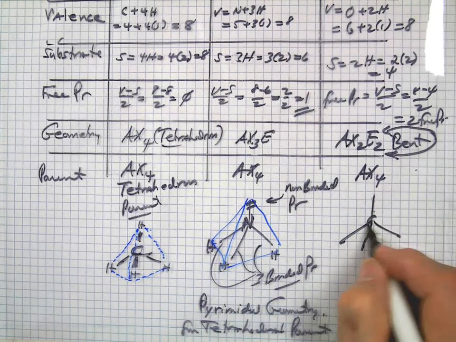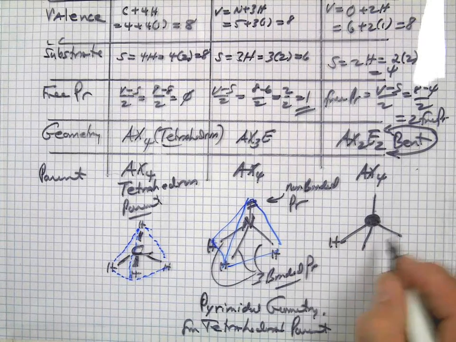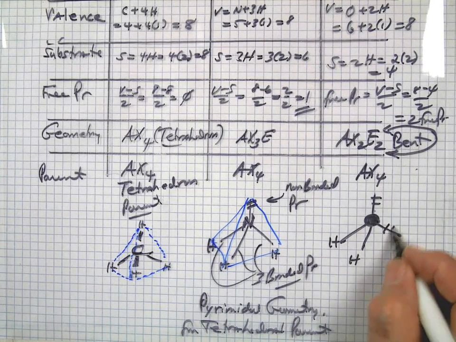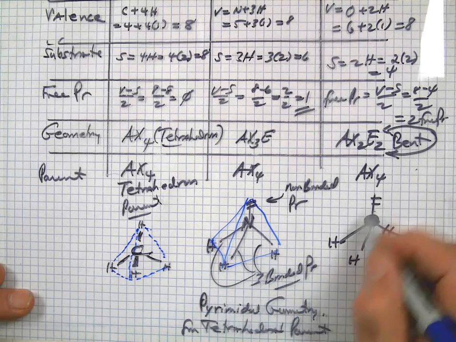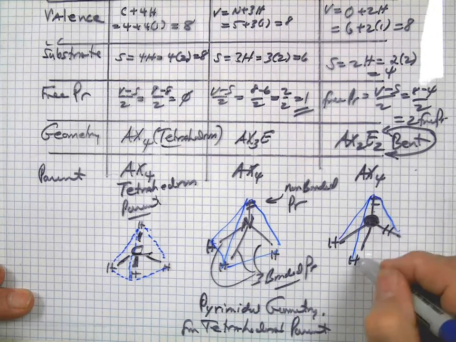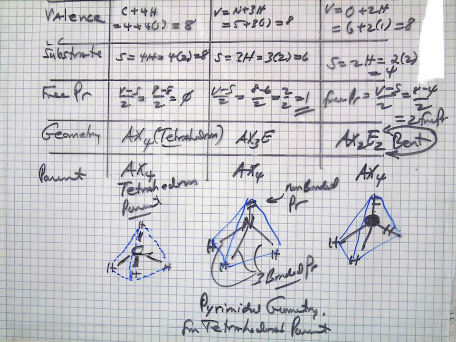The oxygen is in the middle here, and then you have hydrogen and say hydrogen over here, but 2 bars are non-bonded pairs. And of course you can still see the tetrahedron as the parent structure in here, right there. So all of them are based upon the same parent structure as given in the structure.